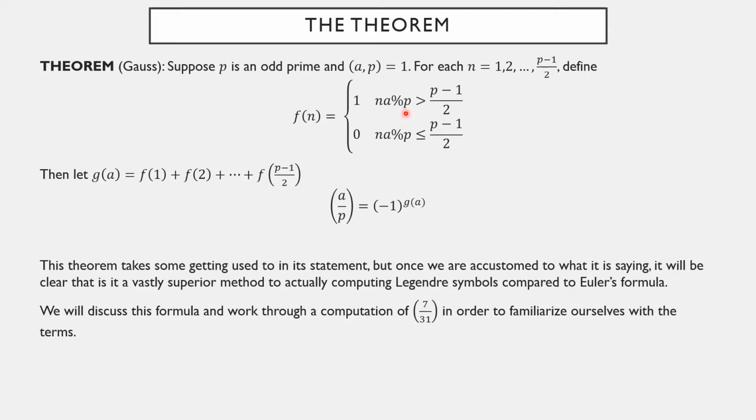We compute the remainder when we attempt to divide by 31, and we ask how many of them are bigger than (p minus 1) over 2 and how many of them are less than or equal to it. If I add up all of these ones, what I'm really doing is counting how many of them were bigger than (p minus 1) over 2. That's what g of a is. Then I take -1 to that power.